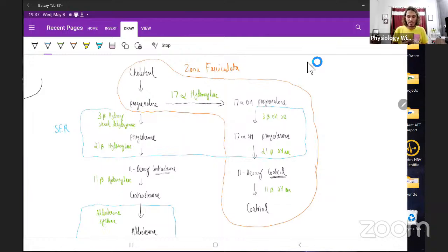In Ganong, it is mentioned that 17 alpha hydroxylase is actually present in the mitochondria, but most of the textbooks and review articles that I've seen mention 17 alpha hydroxylase to be in your endoplasmic reticulum. Even the Harrison textbook of medicine is talking about that. So I'll just go with that. So 17 alpha hydroxylase along with 3 beta and 21 beta, all these steps are in the smooth endoplasmic reticulum. The rest of them, the initial and the later stages, are happening in your mitochondria.